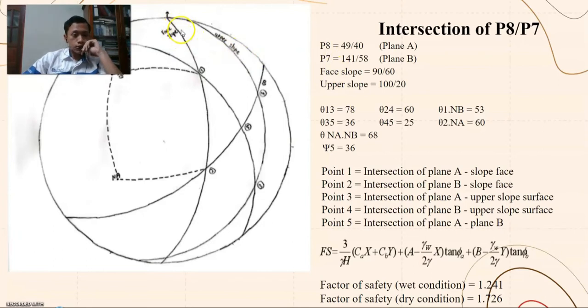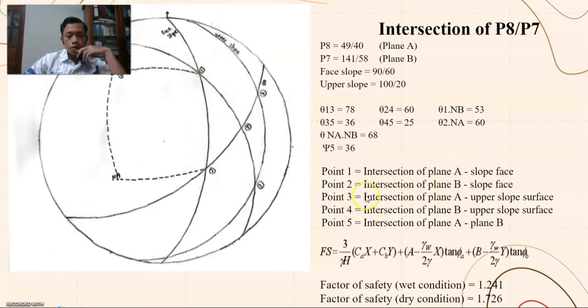After drawing the great circle of A and B, we could find the parameters to find the factor of safety in wet condition and dry condition. Point 1 is the intersection of plane A and slope face. Point 2 is the intersection of plane B and slope face.